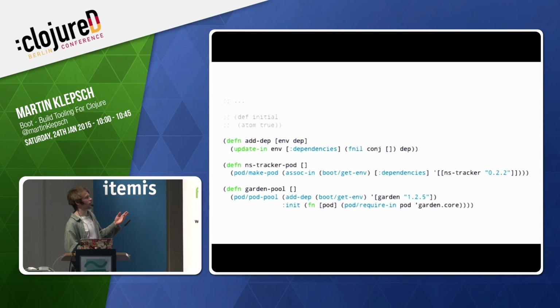So we create a new pod with this NS tracker dependency, and that's kind of nice, because this NS tracker dependency doesn't really have anything to do with our project, and it's not really good if we have it on our project dependencies. So that's a nice way to isolate this stuff from our actual application. I hope that's understandable.